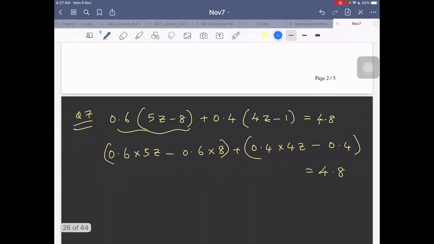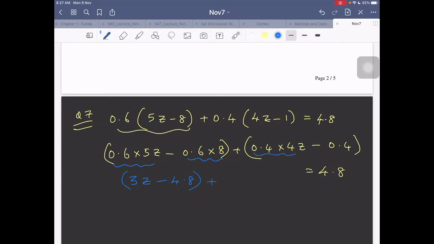Now, this expression is 0.6 times 5. What is 0.6 times 5? You think of 6 times 5. 6 times 5 is 30. So 0.6 times 5 is going to be 3. So this is 3z. This is 6 into 8 is 48, so this is 4.8. Now, here again, 0.4 into 4 is 1.6.